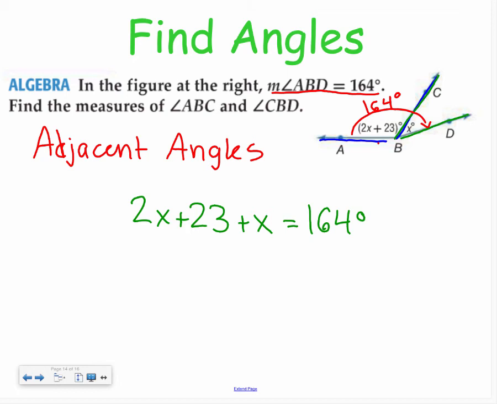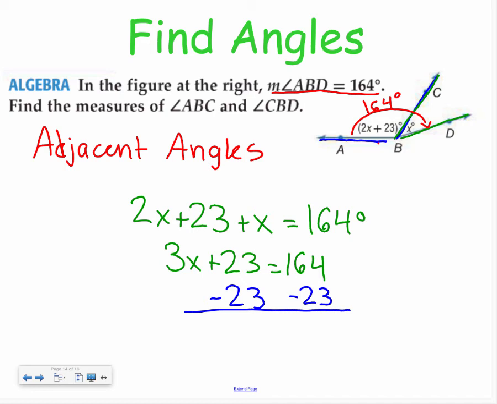Adding up our x's, we get 3x plus 23 is 164 degrees. Using SADMEP, the next thing we do is subtract 23 degrees from both sides, leaving us with 3x equals 141 degrees.